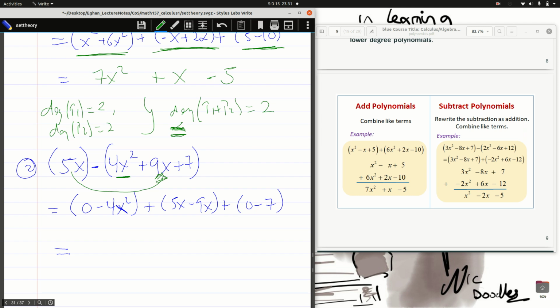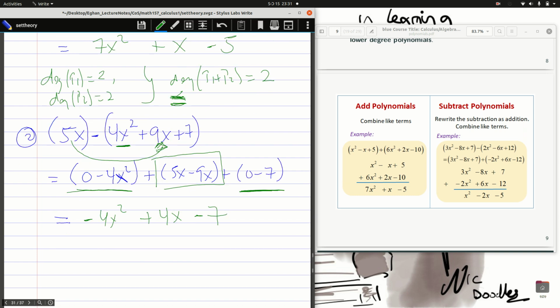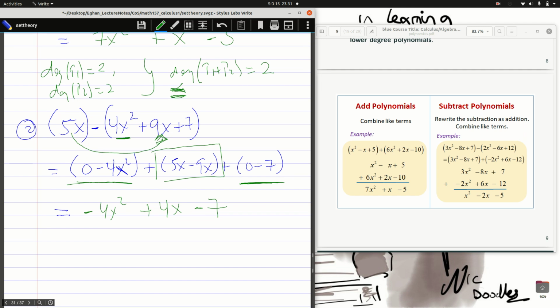It means that my 4x takes 0, my 7 will take 0, but my 5 will take the 9, because that is the like terms. So I have -4x squared, I think, plus 4x minus 7. If there are no other terms to compare with, it is 0. So that is what I have done.